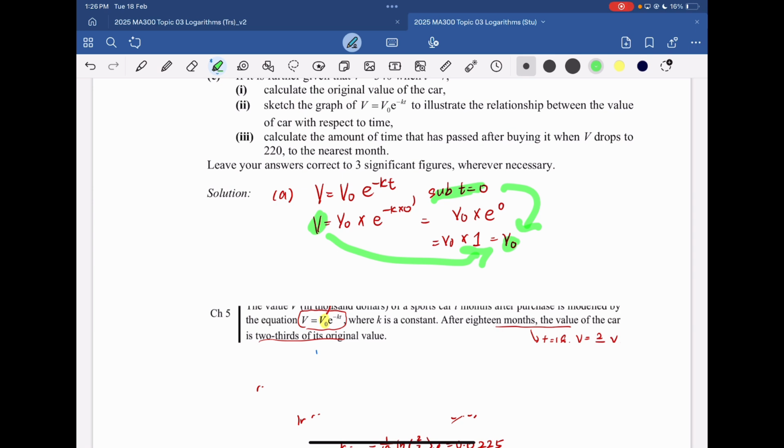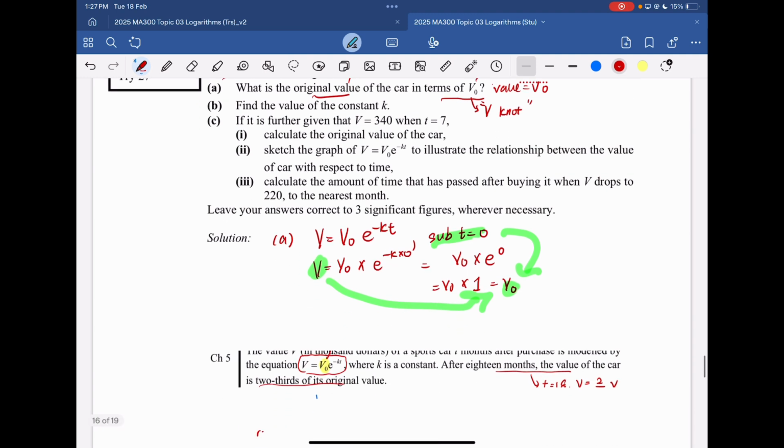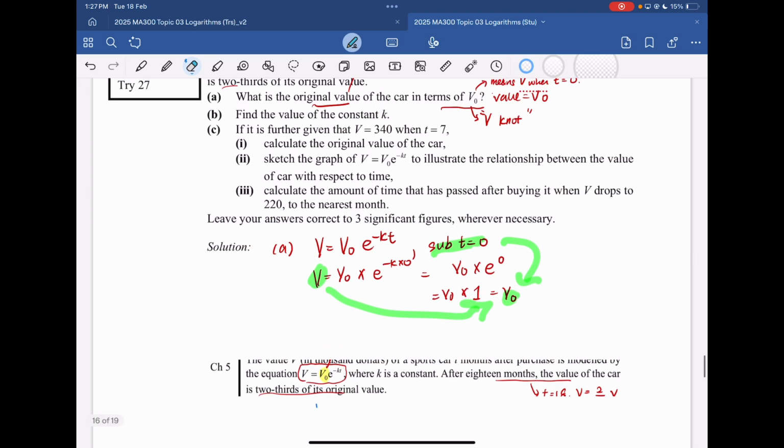V0 is the original value. So straight away, the answer for part A is V0. That's all. Very easy, nice and easy.